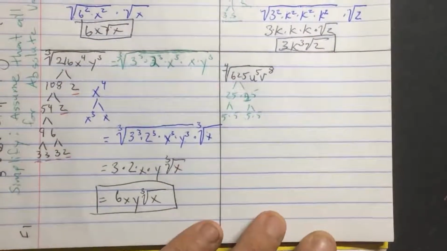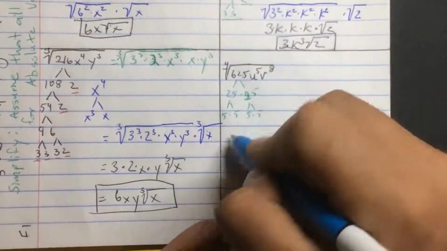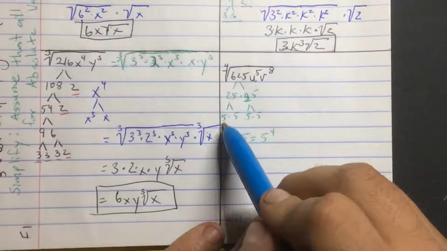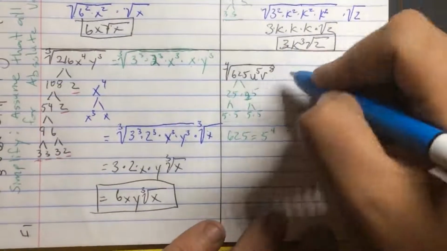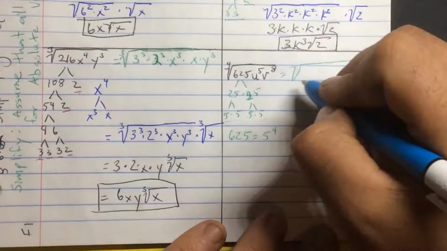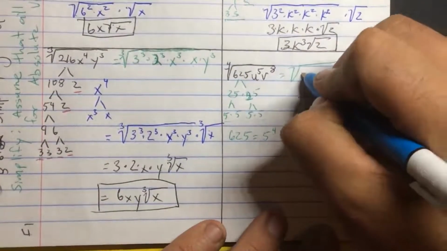But if you had your cheat sheet, you would know that 625 is actually 5 to the 4th power, which is good for us because we need 4th roots here. So this is going to be 5 to the 4th power.